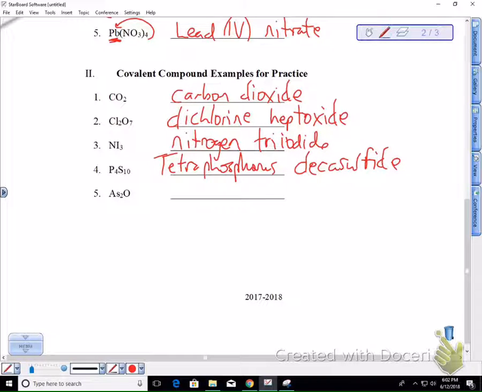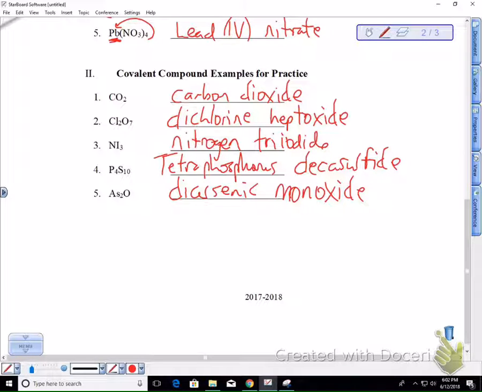And then we have a metalloid here, diarsenic. We have only 1 oxygen, so monoxide. And using our grammar rules, it becomes just monoxide.